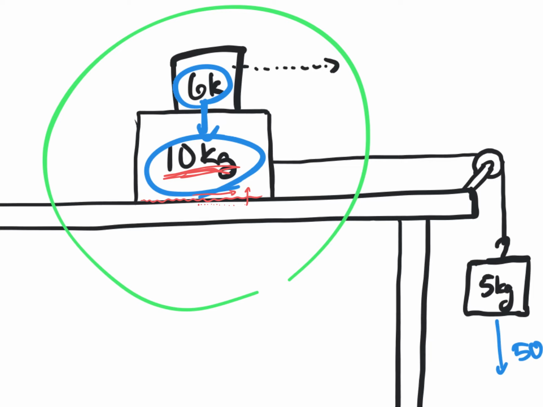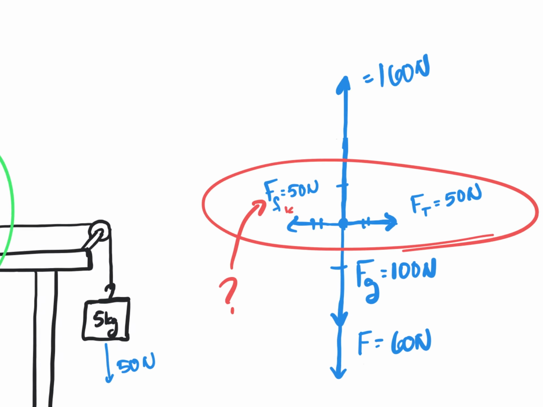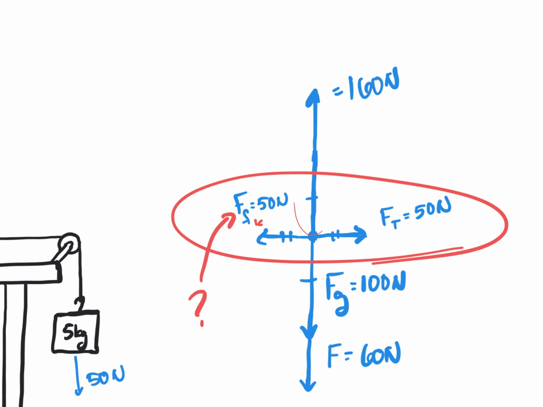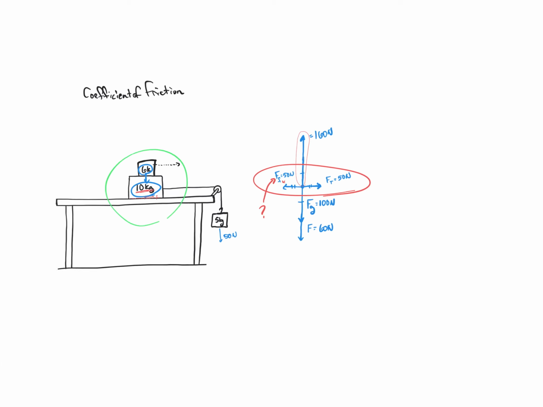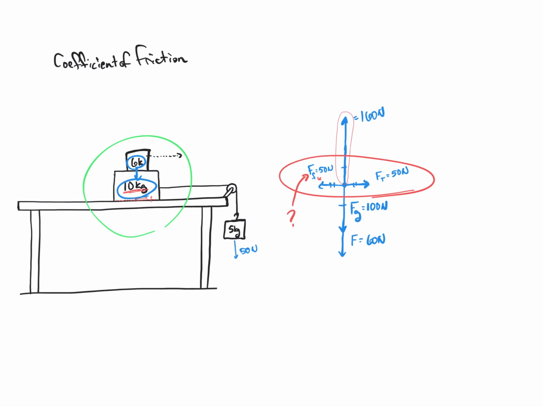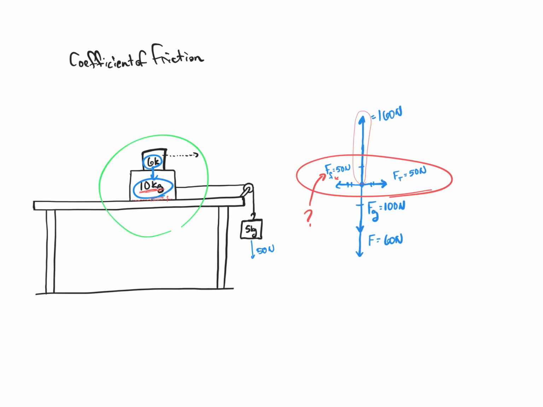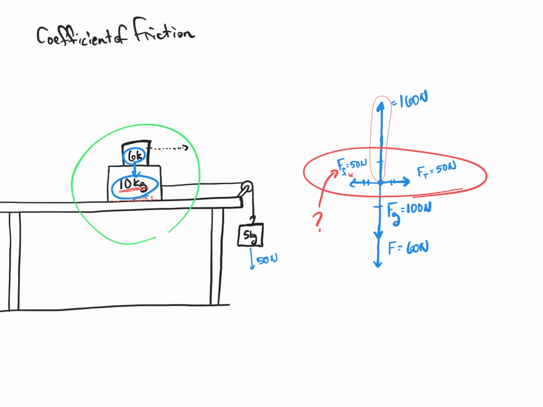It's dependent on the normal force right here. Now, when it's sitting horizontally, like we are in this case, that normal force is equal to the force down. In a little bit, we'll do a ramp problem to see that change. But this force right here is what determines this force right here.